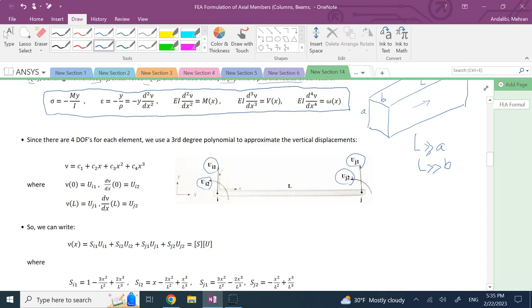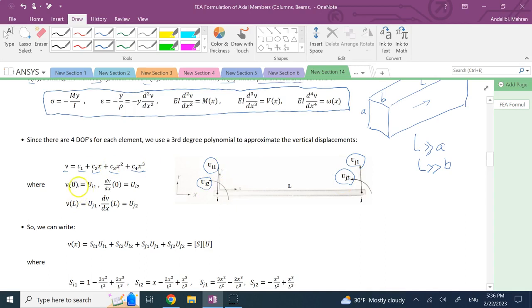Since your element has 4 degrees of freedom, we can approximate this vertical displacement nu as a function of x, the location along the beam, by a 3rd order polynomial which has 4 unknown coefficients: C1, C2, C3, and what? C4, right? Since I have 4 degrees of freedom and 4 boundary conditions, ideally I should be able to find those C's, and that's exactly what it is.